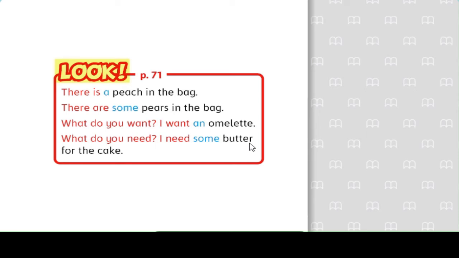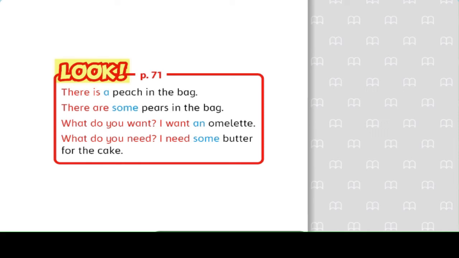Butter here is an uncountable noun. We said some, but we didn't add s. So we can use some in front of the countable and also the uncountable. But we can't use an or a before the uncountable nouns.